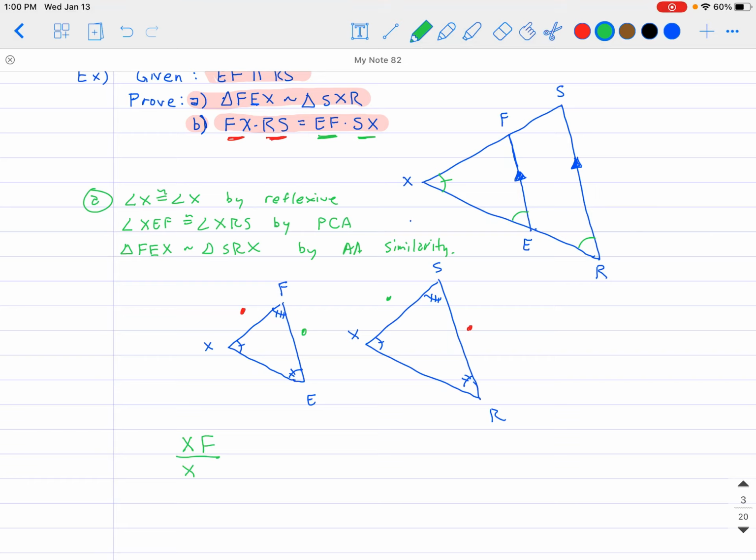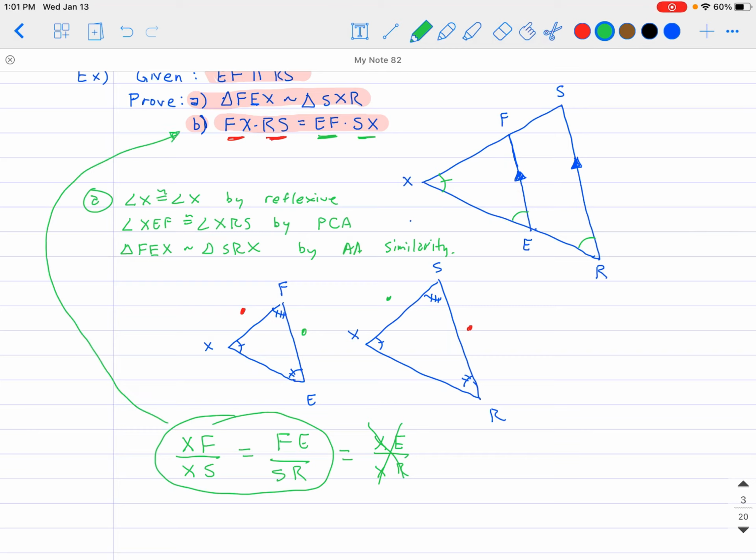XF divided by XS is equal to FE divided by SR. And if we wanted to, we could technically write the other missing part, which says that XE divided by XR is equal to all of that proportionality too. But again, the third part is not necessary because you'll notice that my equation does not call for any of those sides. So what that means now is we're just going to have to take this one right here and somehow write it to be just like this over here.